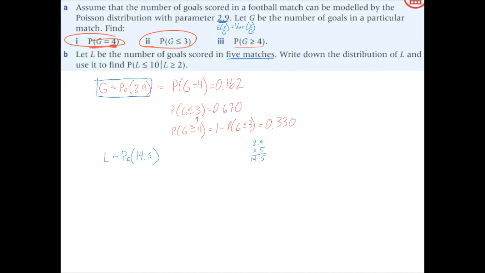Now that we have the distribution, we should be able to find the probability of L being less than or equal to 10, given that it is greater than or equal to 2.